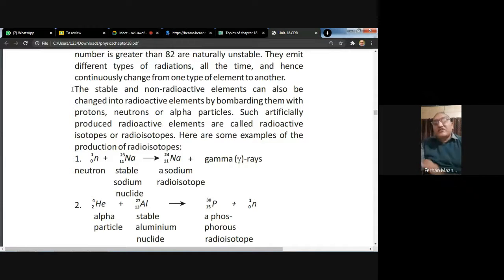And the second part is their uses in the industry, in the medicine. So we have to first complete this portion and then we'll go to the second portion. Second portion of the question. When you are done with the first part, kindly let me know.